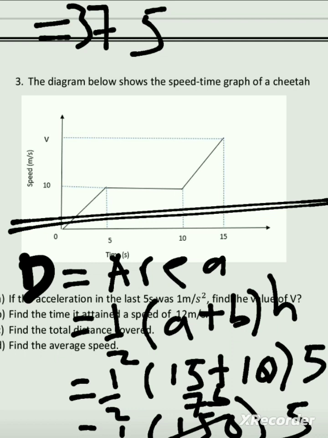If I've done my calculations properly, half (A plus B) H. So half, A is 0 to 15 plus B 0 to 10. Height, oh, again, I've made a mistake on height. Let me just redo it.